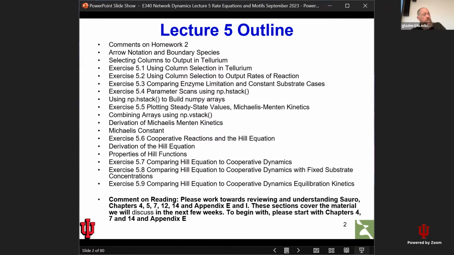And at this point, I'd ask people to start beginning to look at later chapters in the textbook. The material that we'll cover in the class isn't exactly in the order in the textbook. There isn't always a perfect linear order for things.